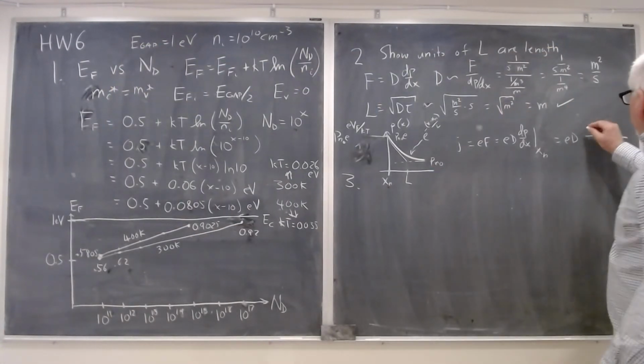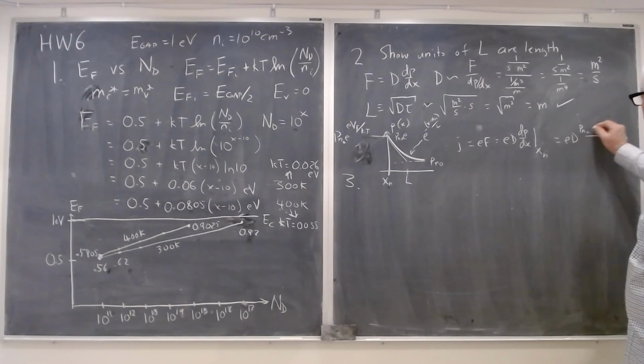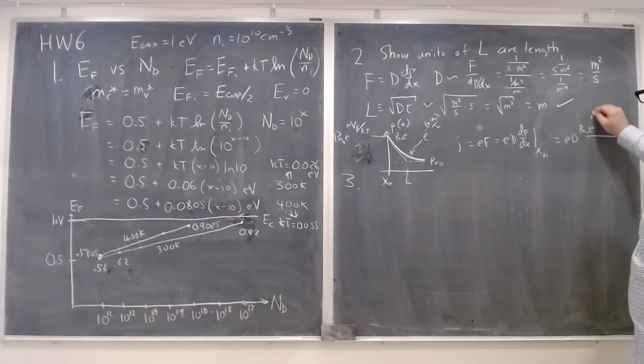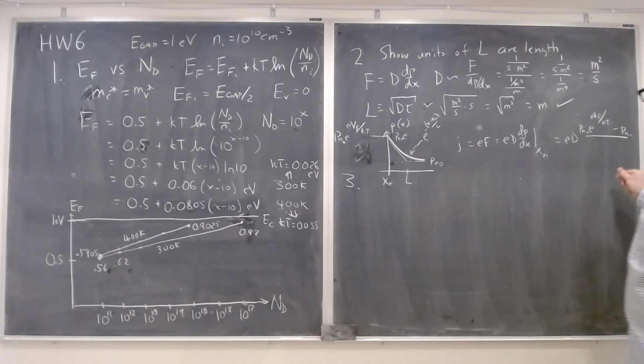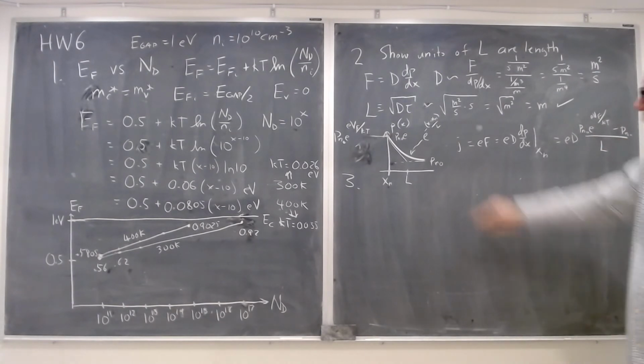So then this becomes Pn0 e to the eVF over kT minus Pn0. That's delta P, and it does that in L.